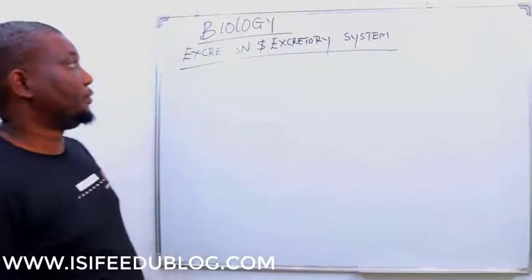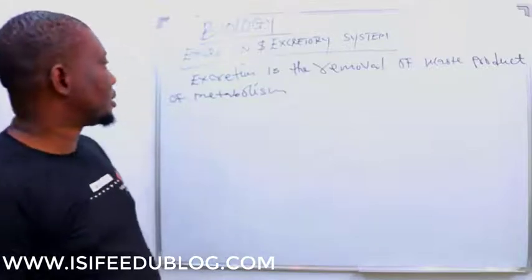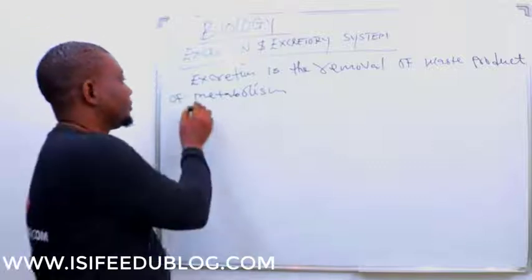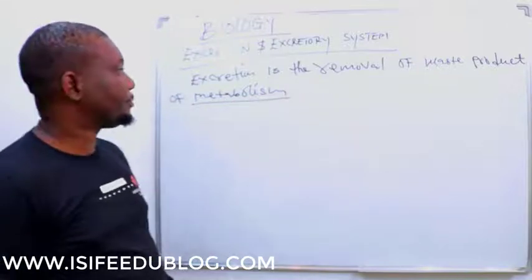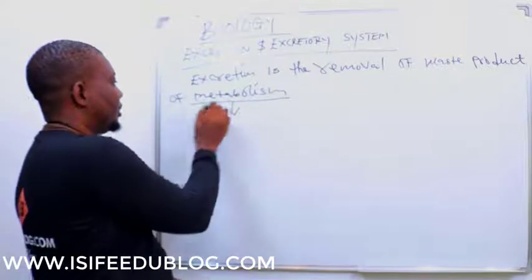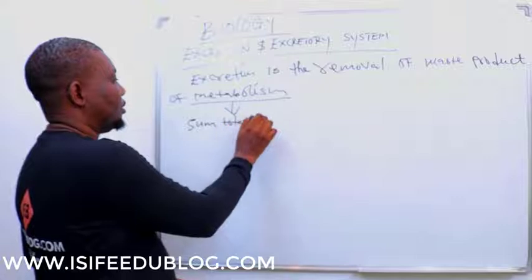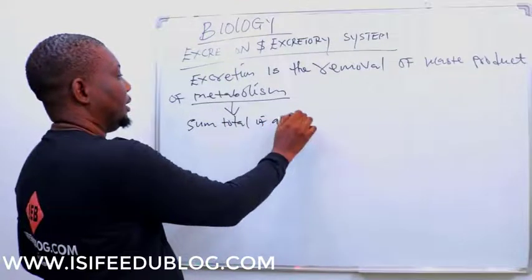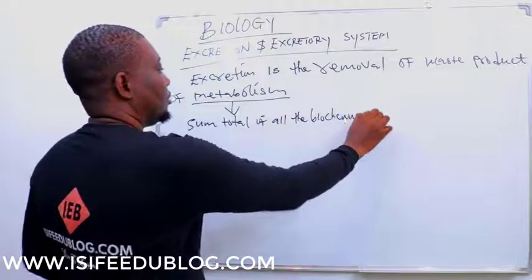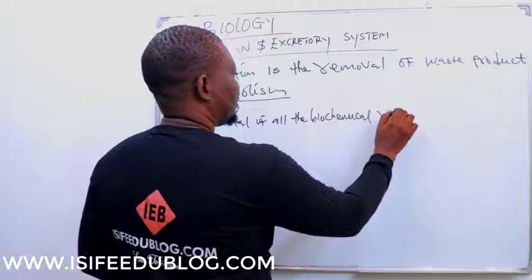So we are going to look at the definition of excretion. What is excretion? Excretion is the removal of waste products of metabolism. And this term metabolism is the sum total of all the biochemical reactions.